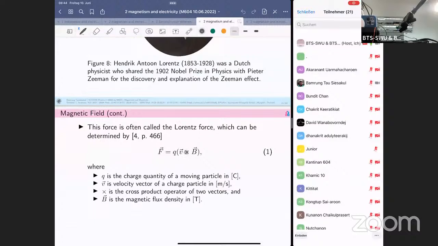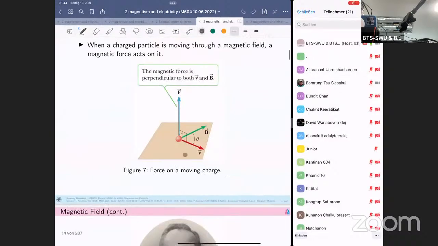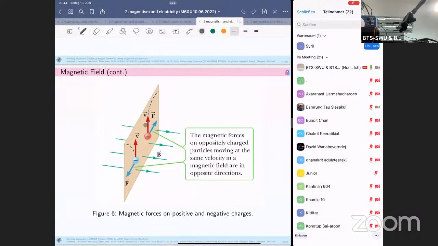In detail, q is the charge quantity. If q is a positive charge like this, your force direction will be in this way.